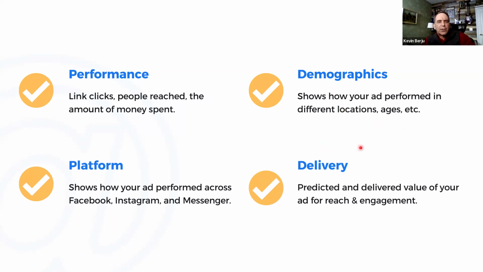The demographics chart shows how your ad performed across different locations, ages, and genders. You can scroll over each section, which we'll show you, and see individual age sections. So remember before when I said you can't discriminate, you can't say, hey, I want my ads to reach 24 to 30-year-olds. You can't do that.